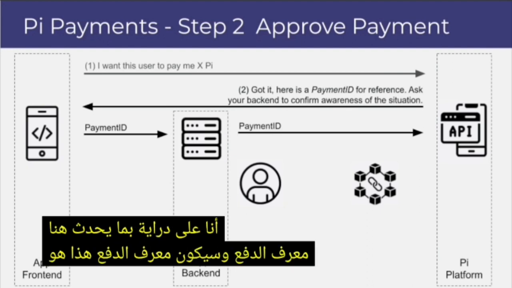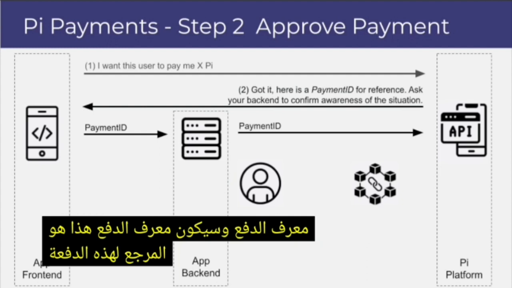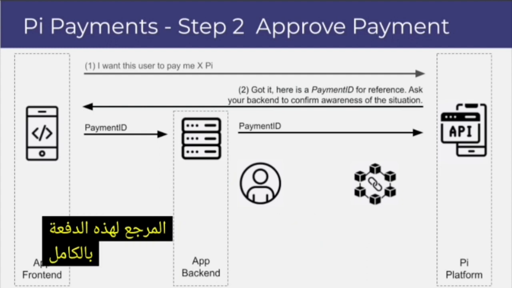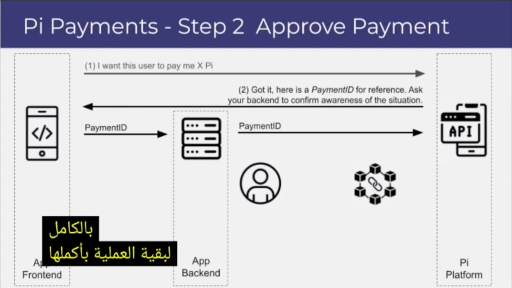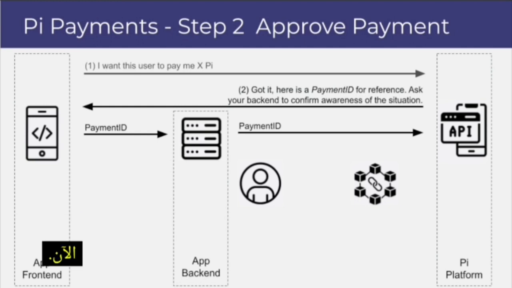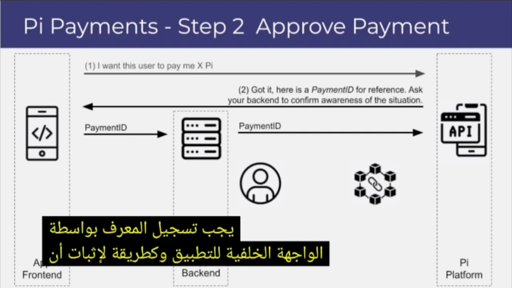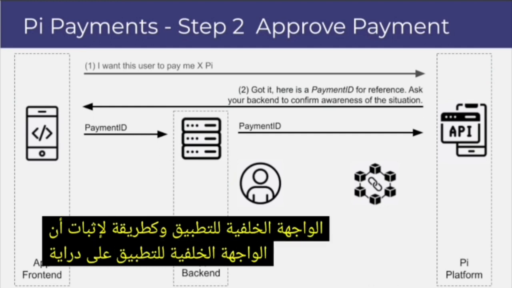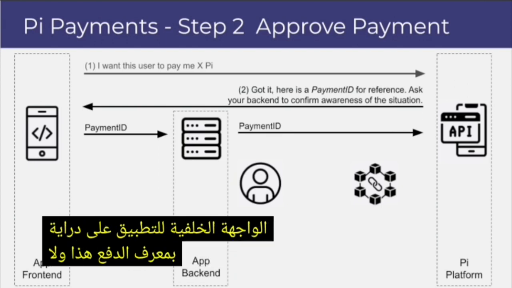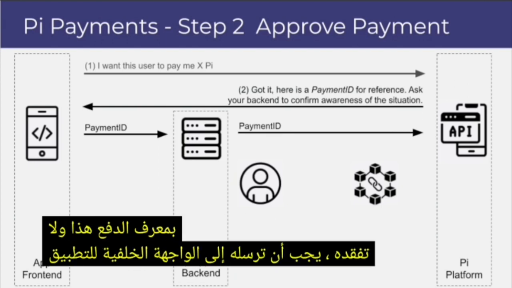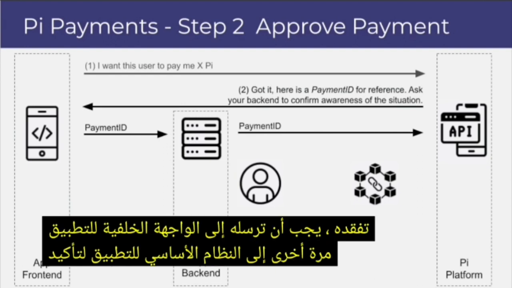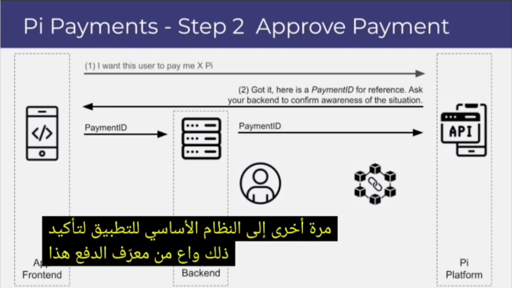Here's a payment ID, and that payment ID will be the reference to this payment for the rest of the entire process. Now, the payment ID has to be recorded by the app backend, and as a way to prove that the app backend is aware of this payment ID and isn't going missing, the app's backend has to send it again to the Pi platform to confirm that it's aware of this payment ID.